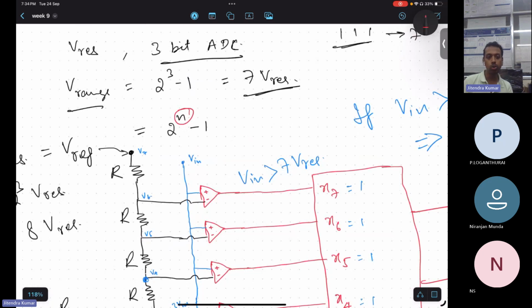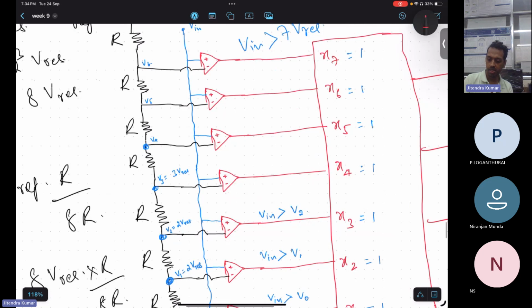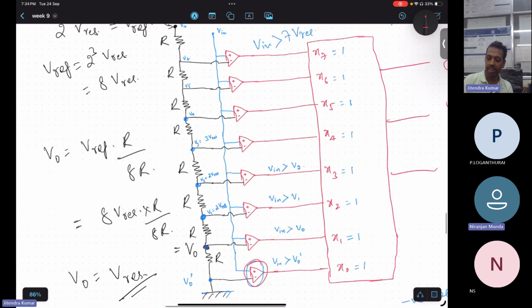And how many comparators did we use? 7, and one extra also we used, so we used 8 comparators. So that is how much? 2 raised to power 3, which is 8.